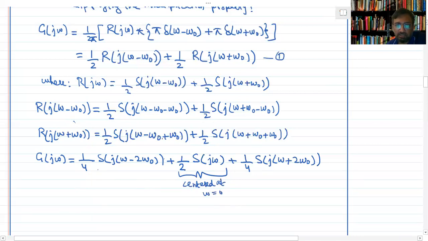While there are additional copies of the spectrum, this one is centered at 2 omega naught, and this copy is centered at minus 2 omega naught, and there is scaling as well.